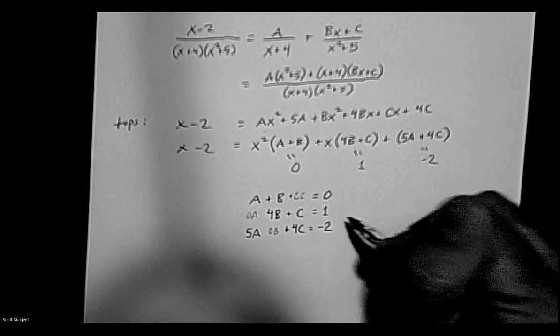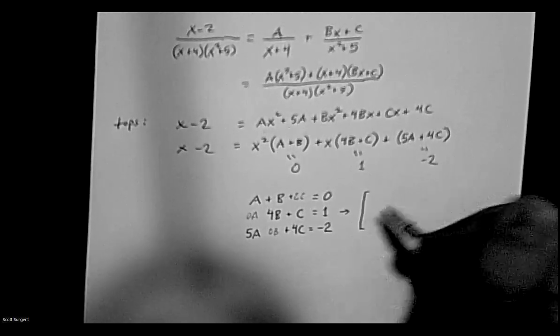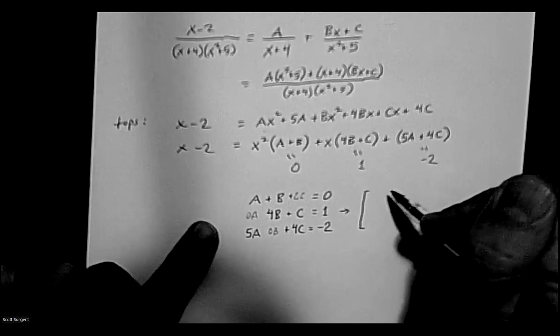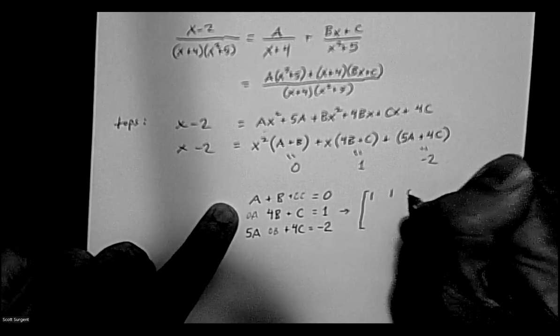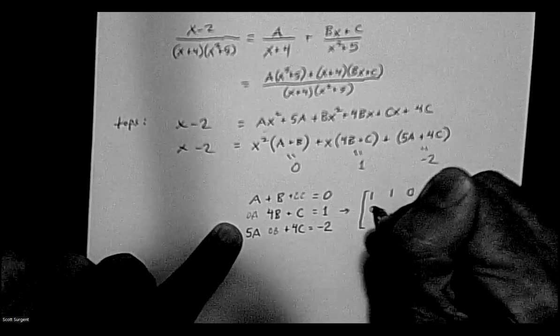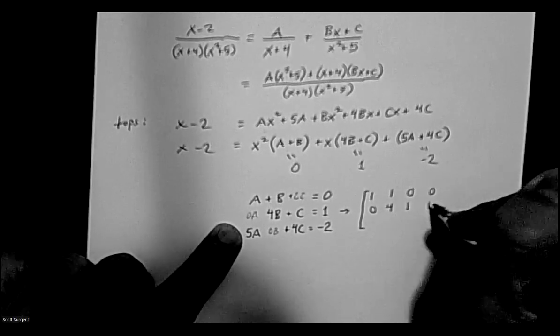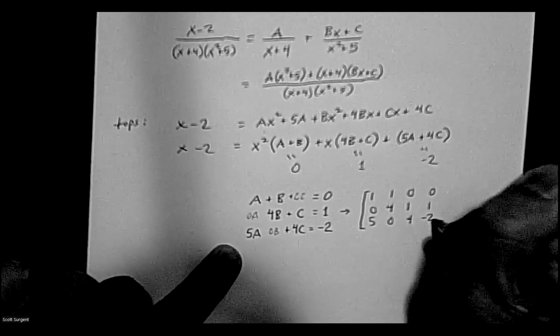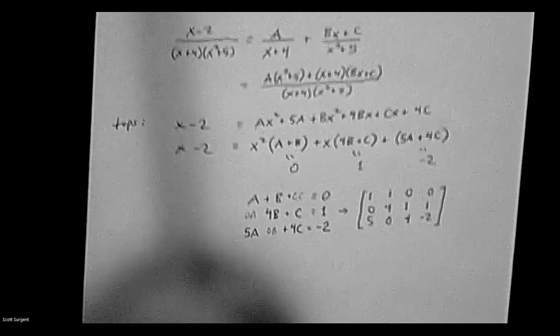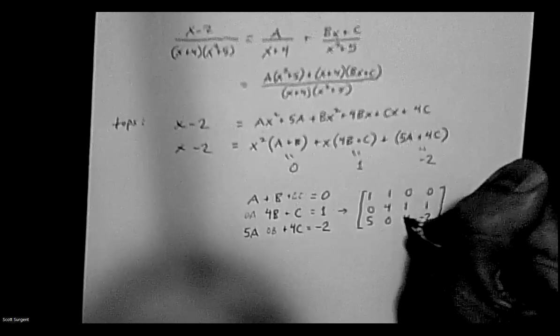The reason for that is that I'm going to create myself a matrix. I just cut off the coefficients: 1, 1, 0, 0, 0, 4, 1, 1, 5, 0, 4, -2.